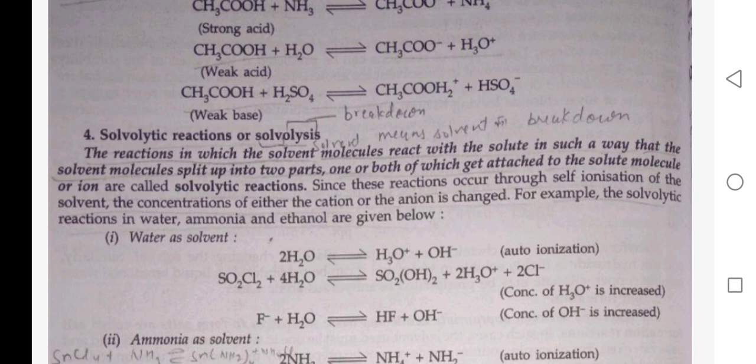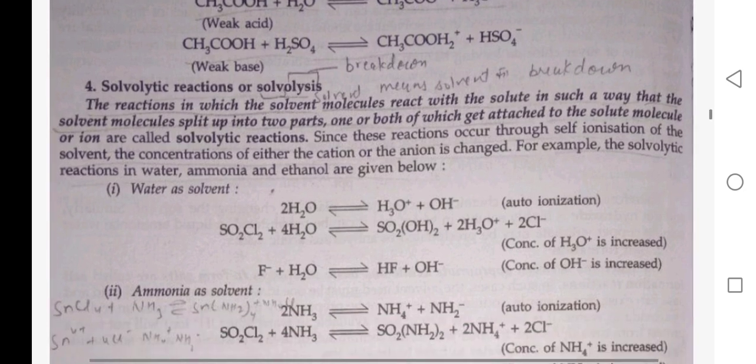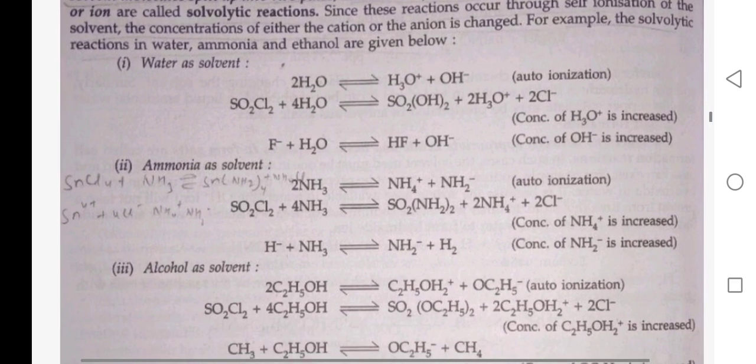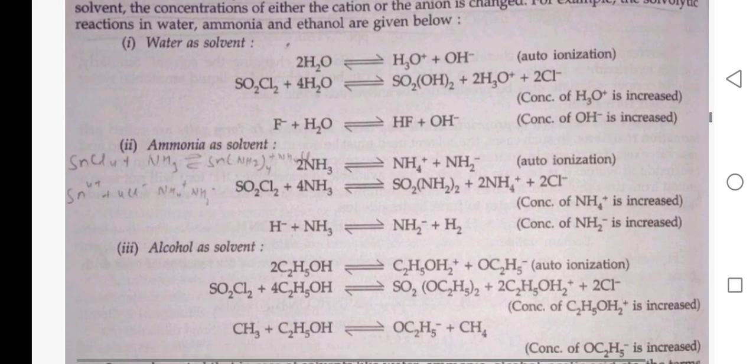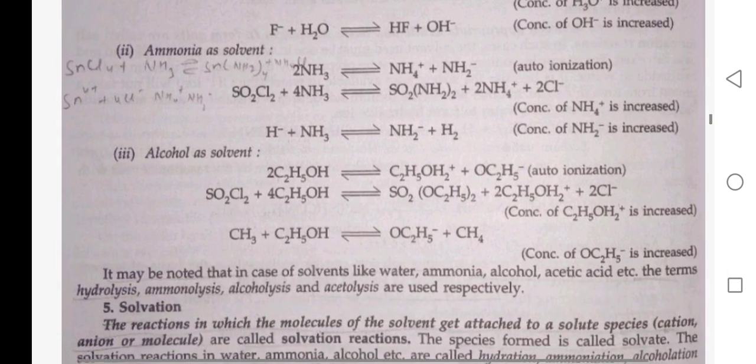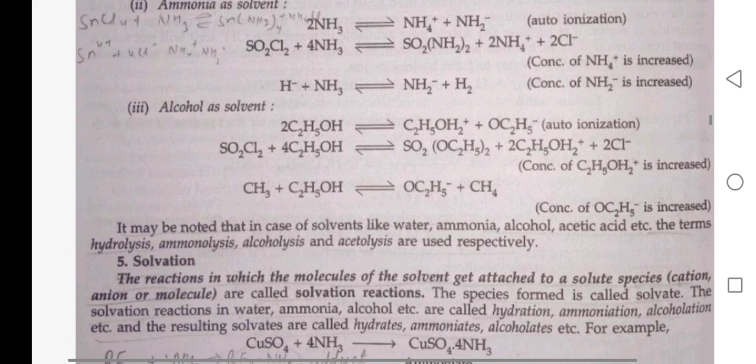For example, the solvolytic reactions in water, ammonia, and ethanol are given below. Water as solvent: water at equilibrium gives H3O+ plus OH-, auto-ionization can take place. Ammonia also undergoes auto-ionization. Alcohol also undergoes auto-ionization.